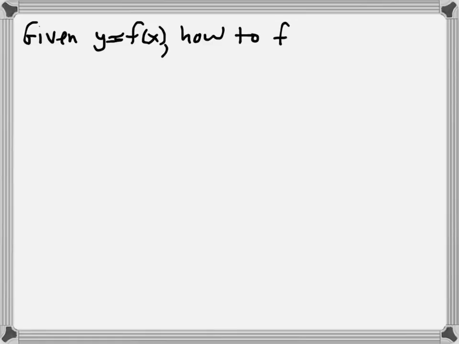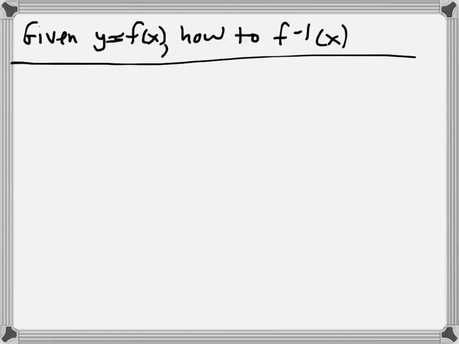Okay, last part of this lesson. This might be the harder part though, so don't think that it's over. Given y equals f of x, some function in terms of y, how do we find f inverse? I'm going to give you some steps.